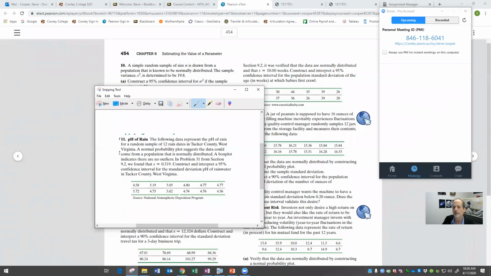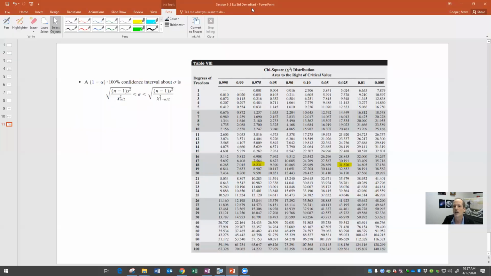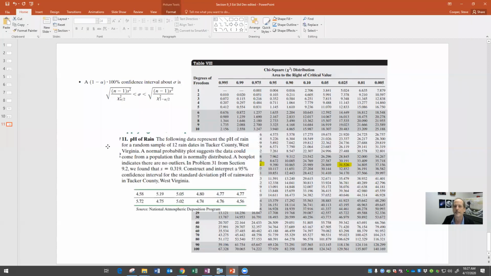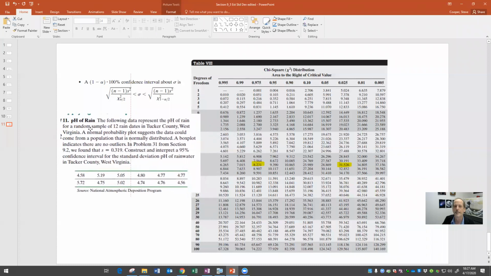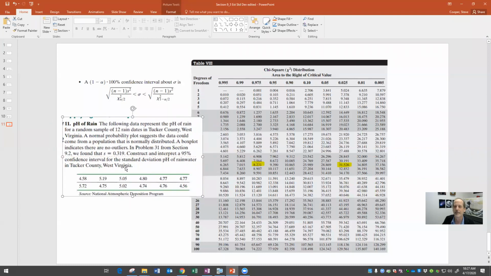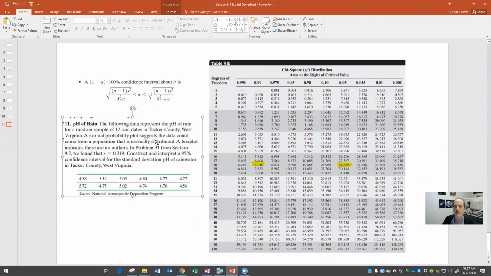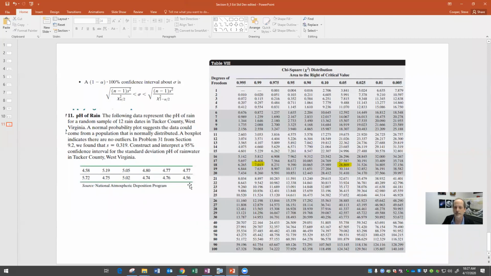There's only 12 pieces of data. So in order to do this, we need to know that it comes from an underlying normal population.